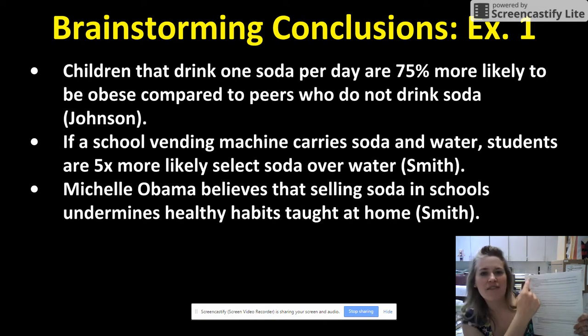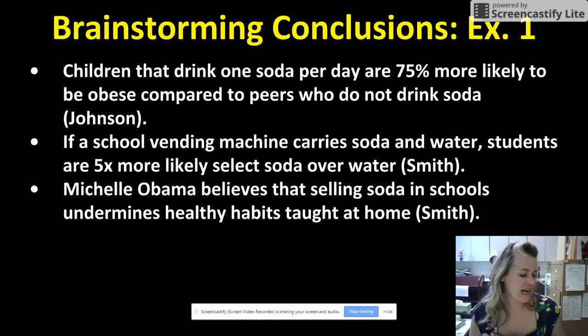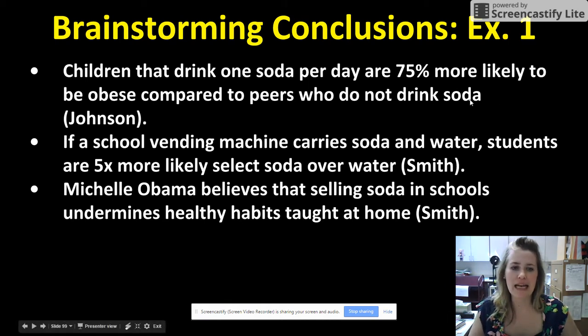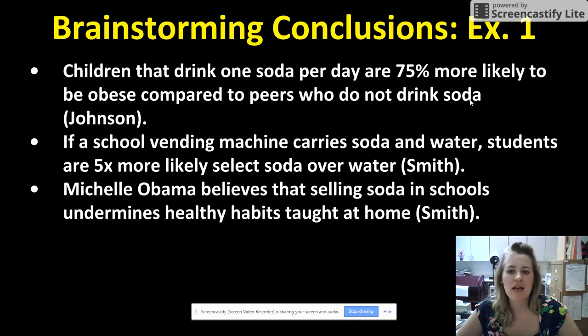So I'm going to read through the evidence that's in example 1 on your handout. It says, children that drink 1 soda per day are 75% more likely to be obese compared to peers who do not drink soda. The next one says, if a school vending machine carries soda and water, students are 5 times more likely to select soda over water. Michelle Obama believes that selling soda in schools undermines healthy habits taught at home.